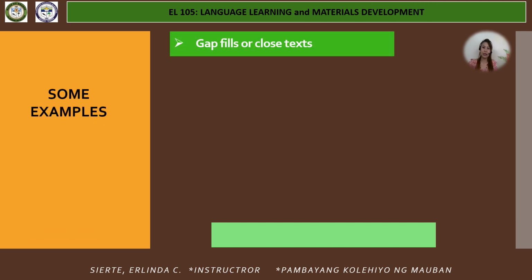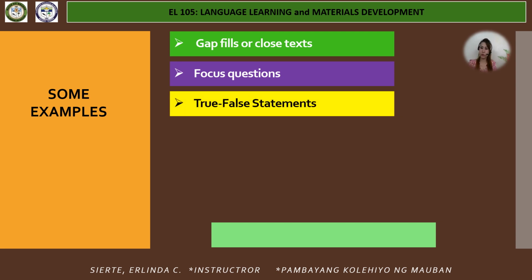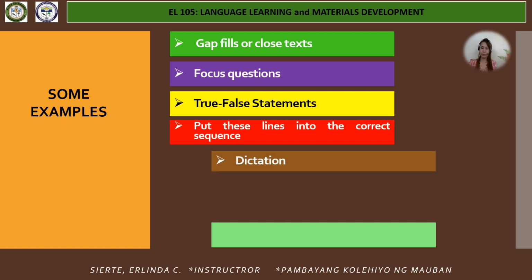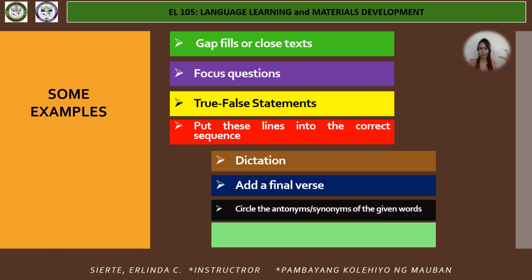Now, let's take some examples: gap fills or closed text, focus questions, true or false statements, put these lines into the correct sequence, dictation, add a final verse, circle the antonyms or synonyms of the given words, and discuss.